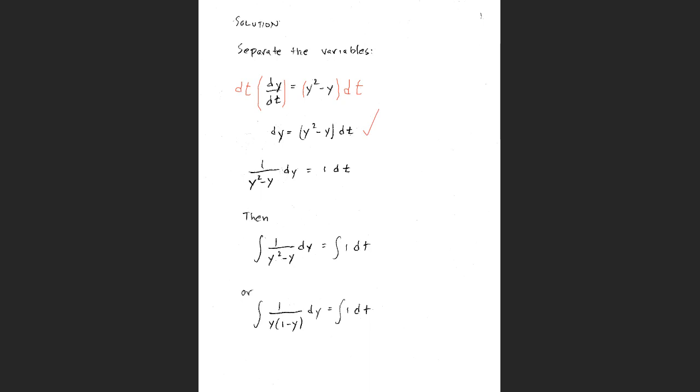And then, again, I want the y variables on one side and the t variables on the other side. So I'll divide both sides by y squared minus y. And now at this stage, we have separated the variables.